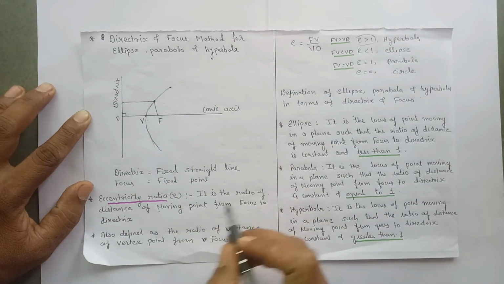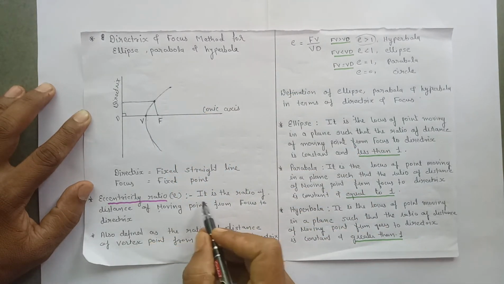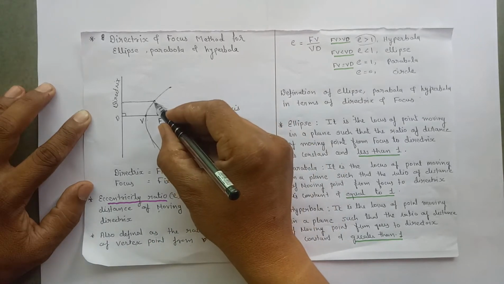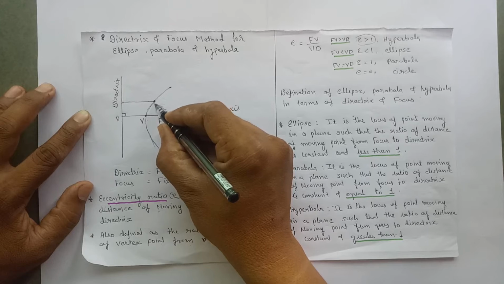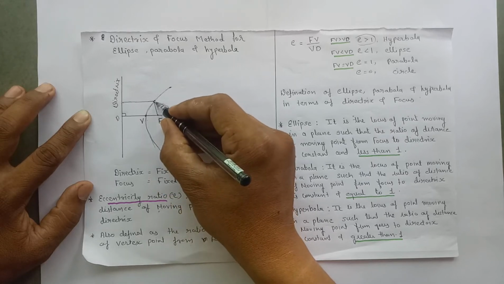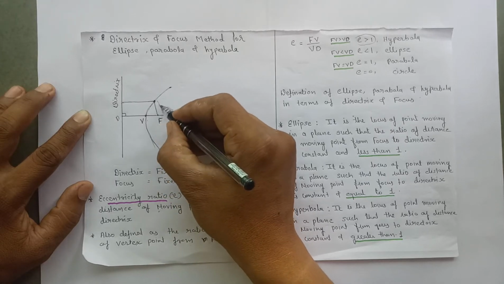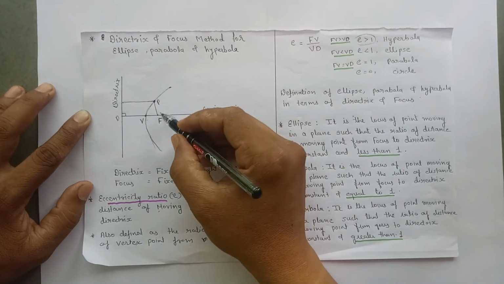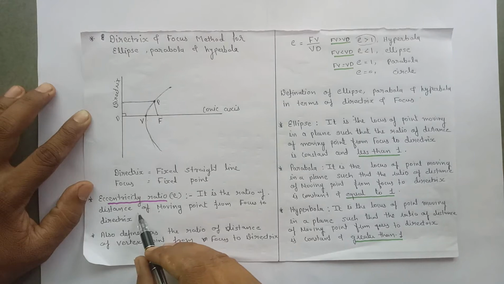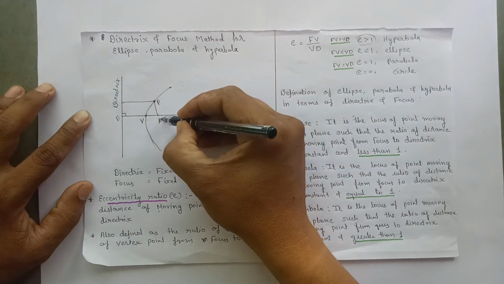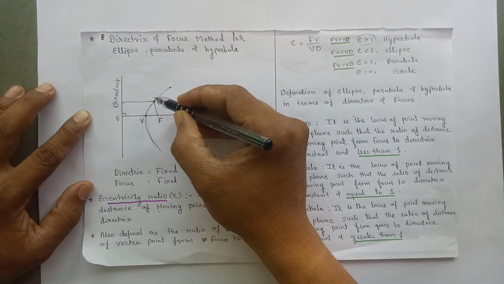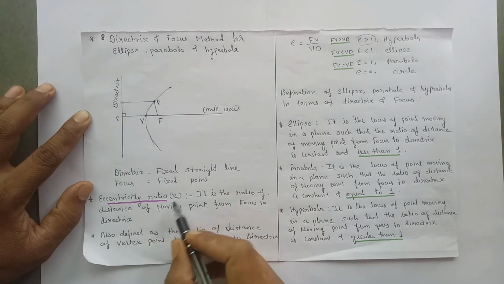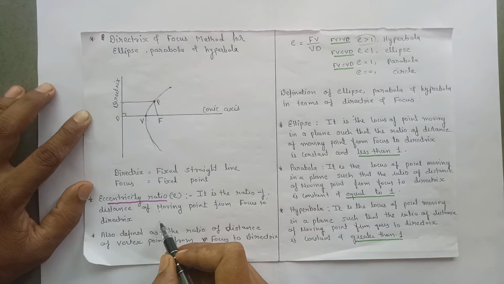It is the ratio of distance of moving point from focus to directrix. If we mark any point on this curve, let us say this point is a moving point, point P, then eccentricity ratio is the ratio of distance of moving point from focus to moving point to directrix.